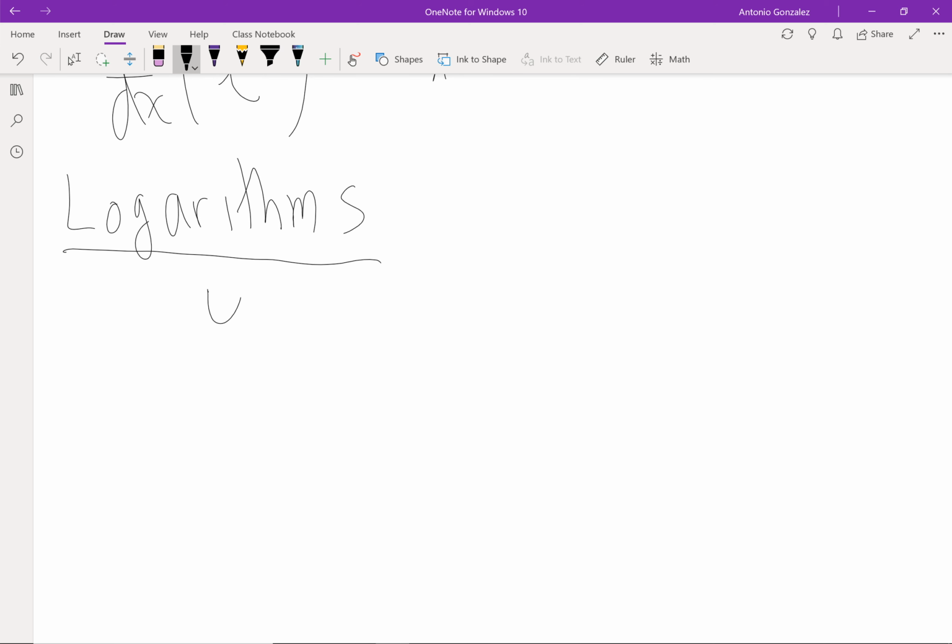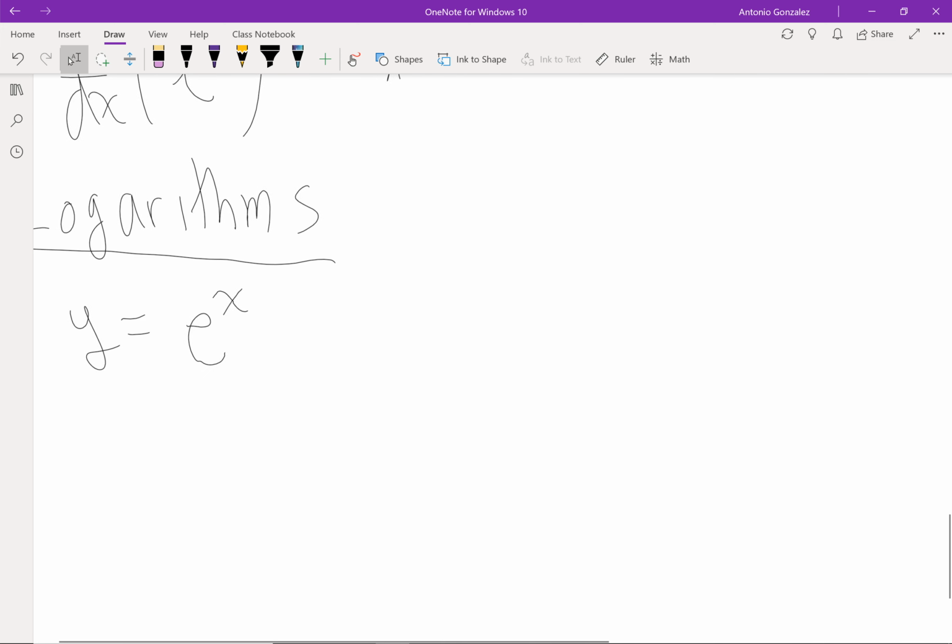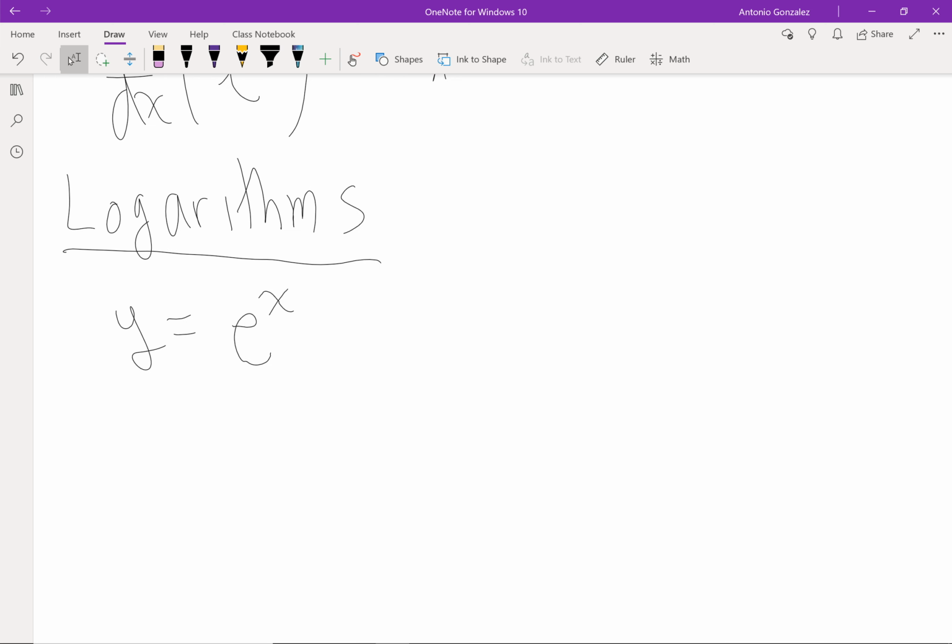We have y is equal to e to the x, and again this is true if and only if x is equal to natural log of y. That is just our definition of the exponential and how it's related to the natural log, its inverse.